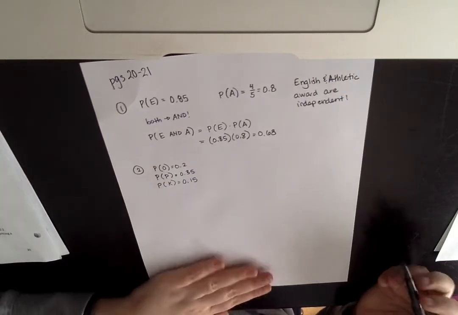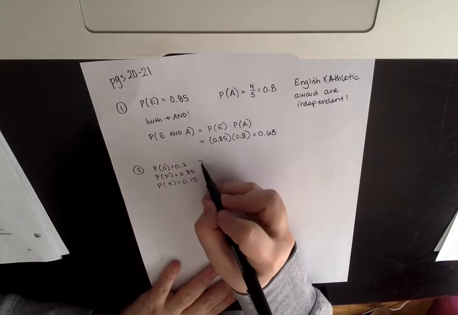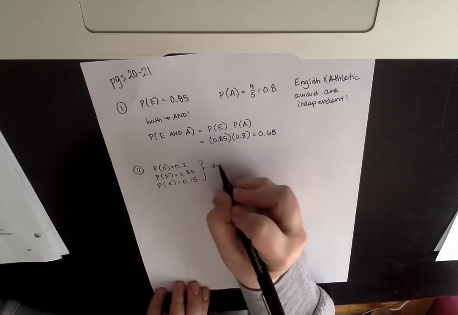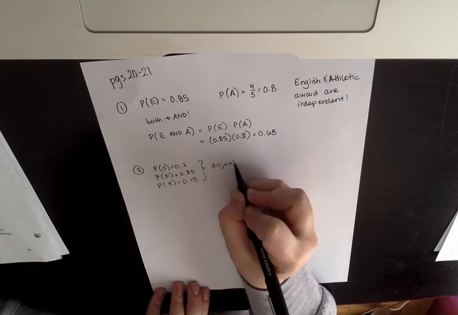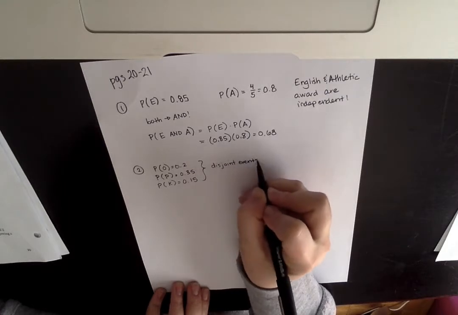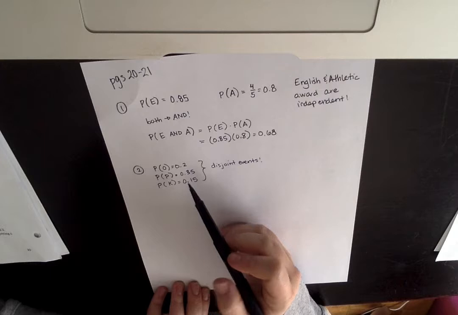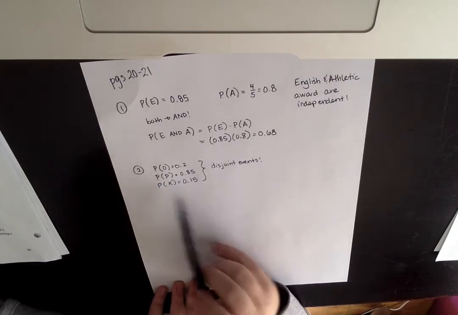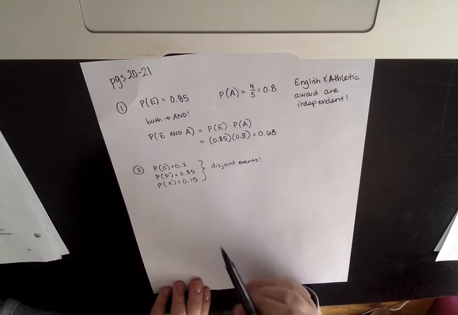Okay? So the idea behind this problem is that these are disjoint events. Emily cannot possibly leave her keys in the office, her purse, and the kitchen all at the same time.